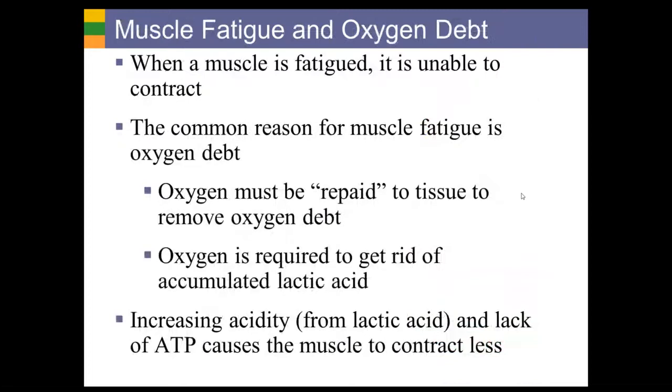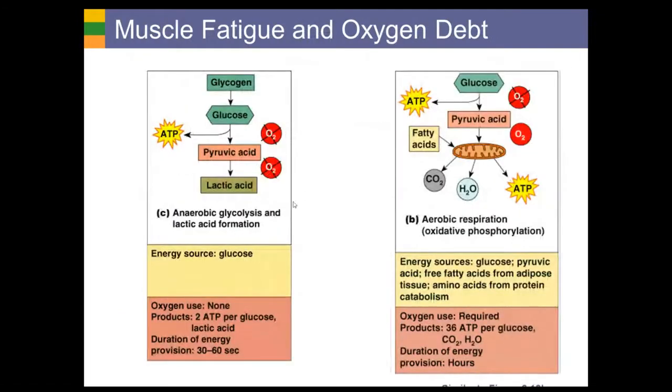But then after exercise ceases, that lactic acid is converted back to pyruvic acid, and then that pyruvic acid goes one of two places. One, it goes into the mitochondria for the production of ATP to replace the ATP that was used up initially. And it also can be converted back to glucose and stored as glycogen in the liver.